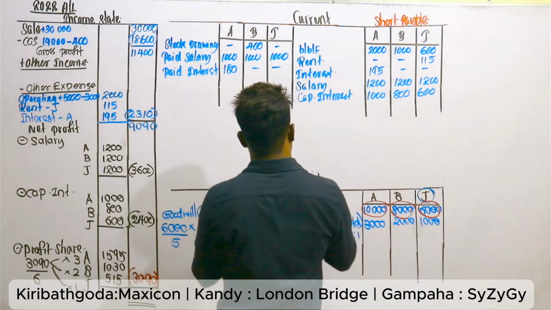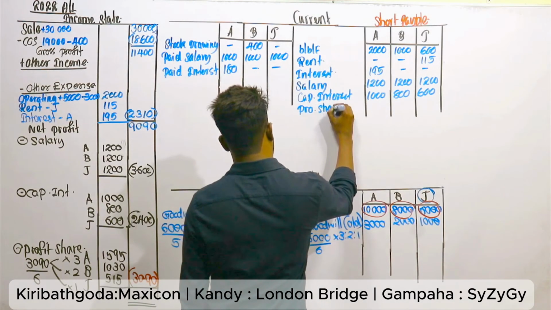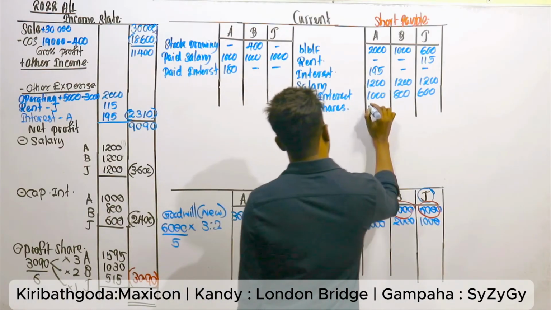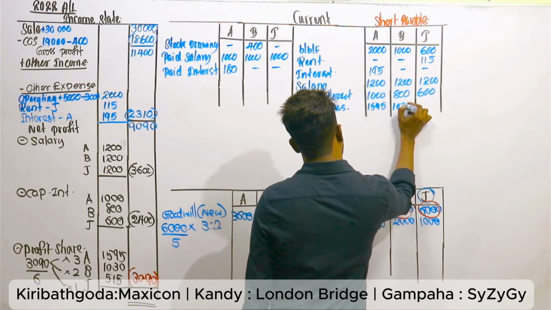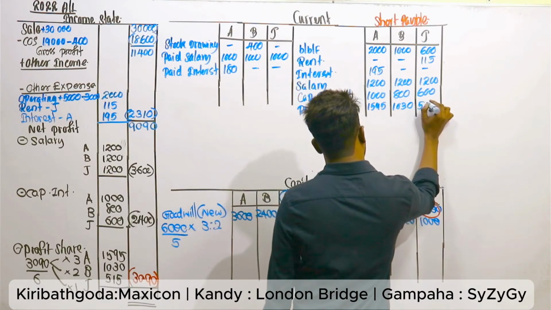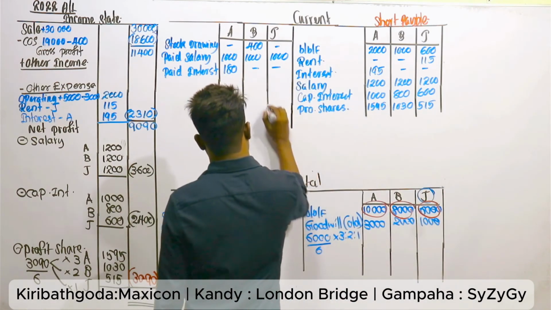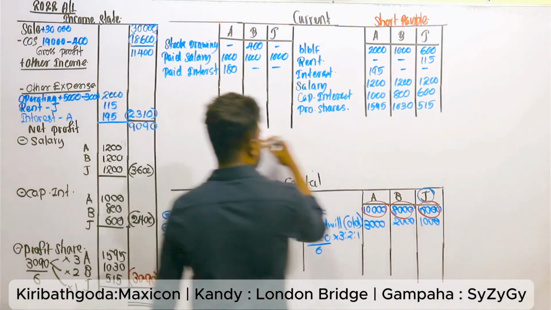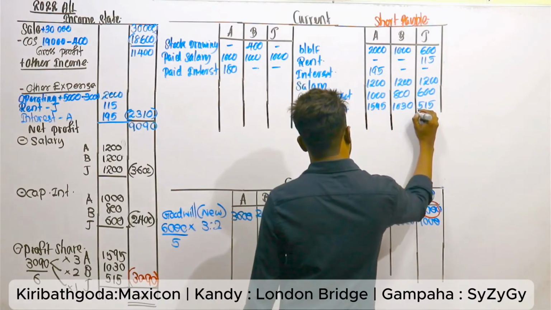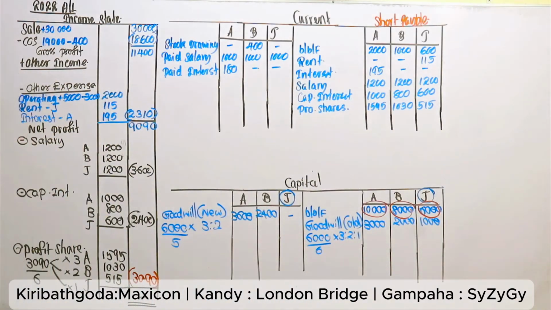Write me the capital account credit. Right, that's so. Now 1545.